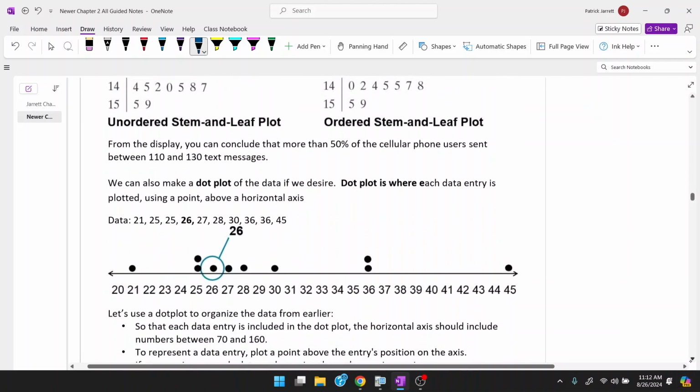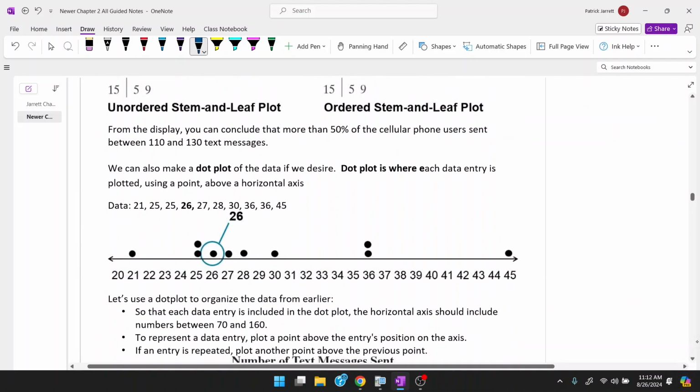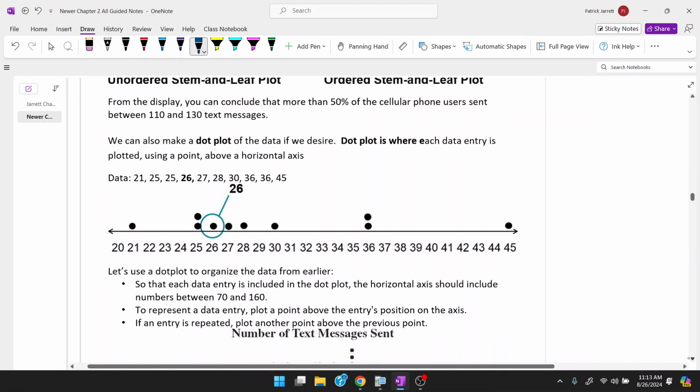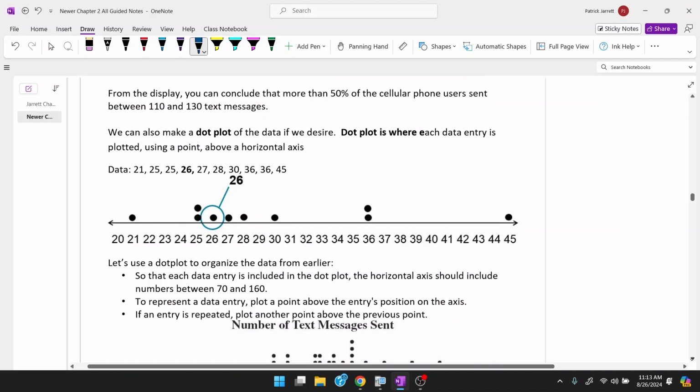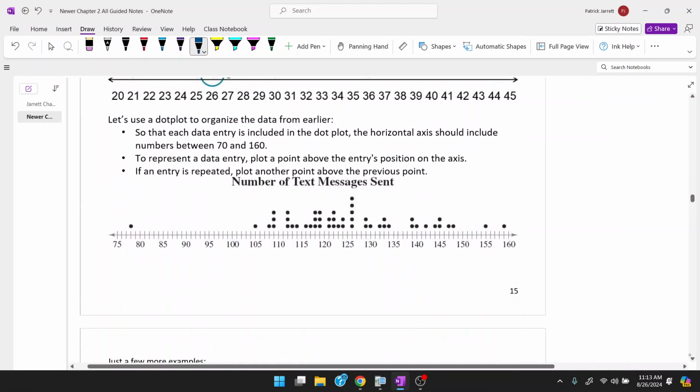So a dot plot is basically just another form of a stem and leaf plot. If we have data here, we just put dots right above. And if there's a repeat, like two 25s, you would see there are 2 dots. So nothing really fancy about dot plots, but here they are.